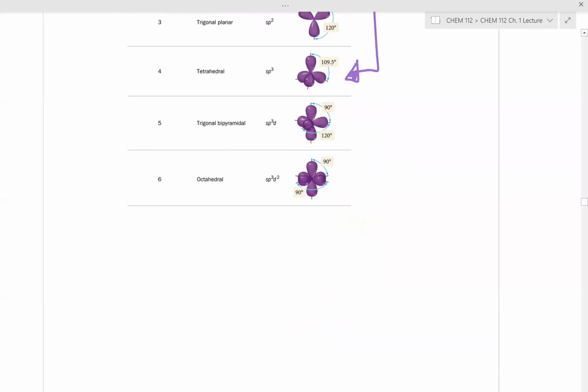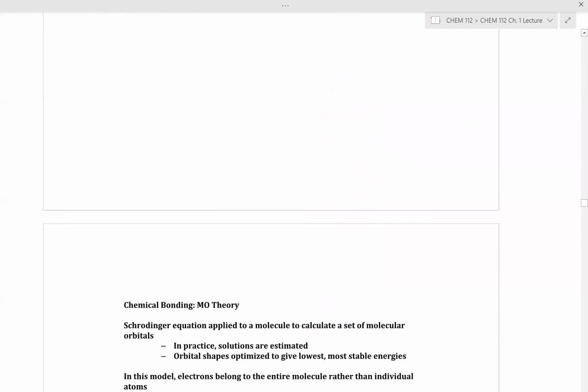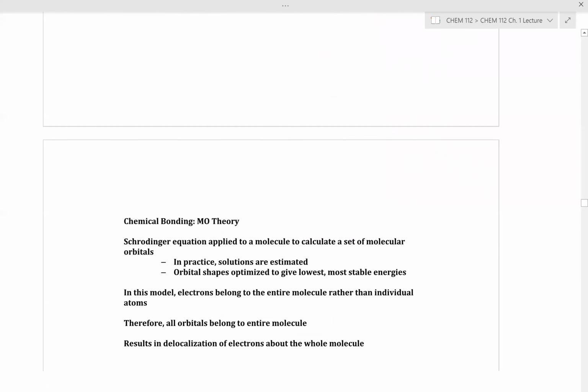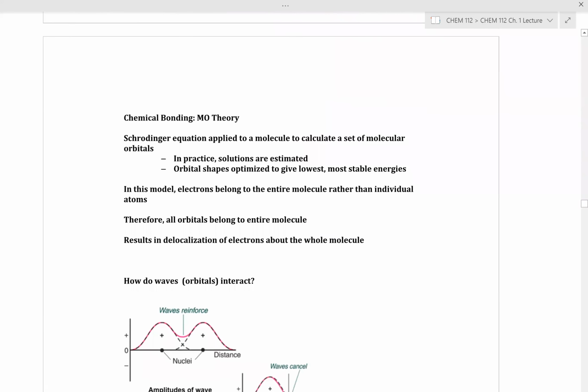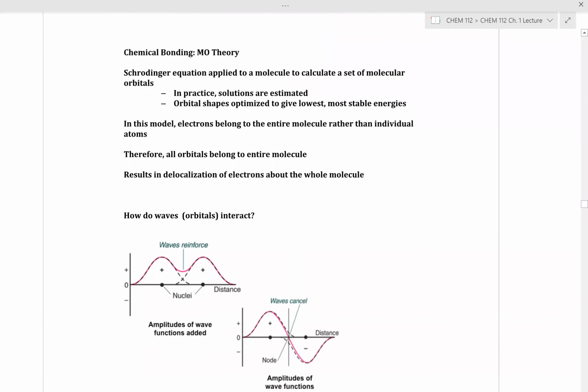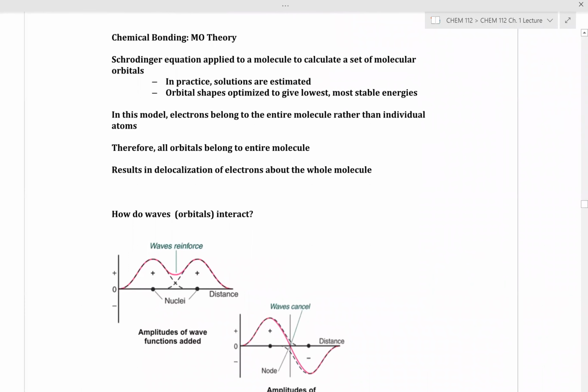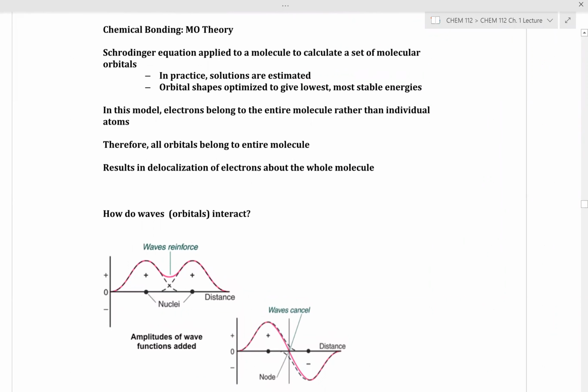Let's get a little more detail into how orbitals overlap and how we describe the sigma, sigma star, and pi star orbitals. What do we mean by a bonding molecular orbital? What do we mean by an anti-bonding molecular orbital?